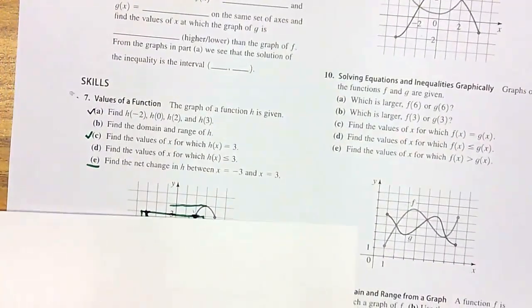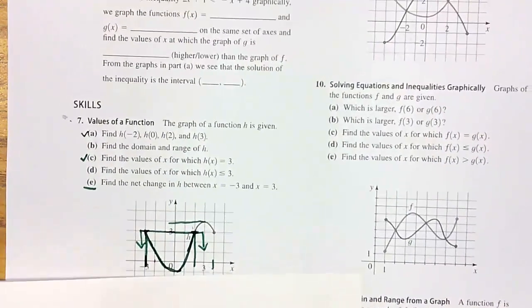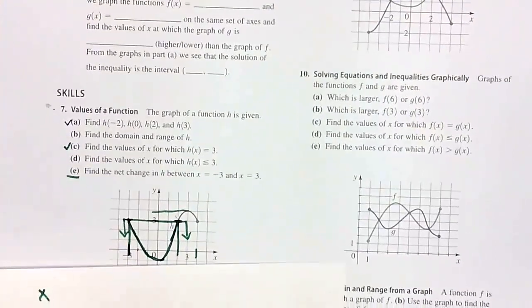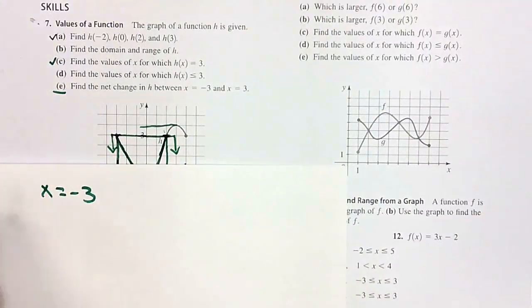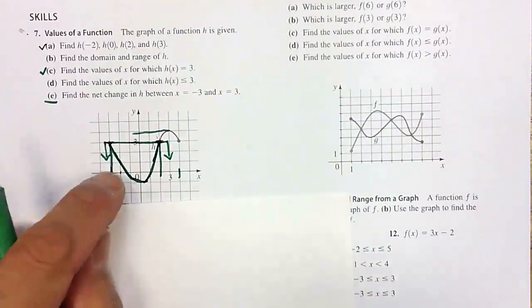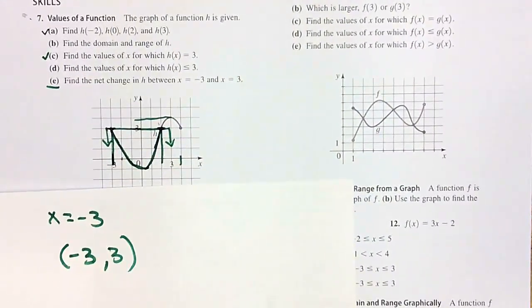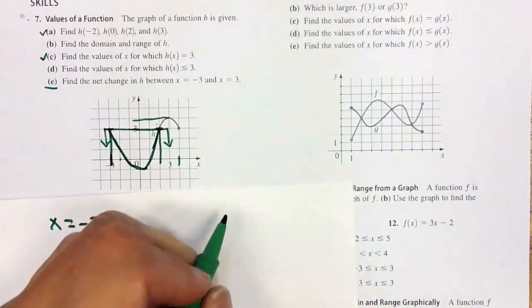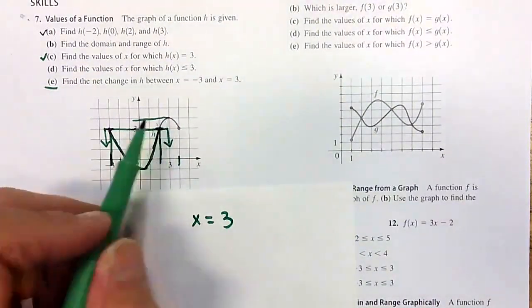So here, going back to E, find the net change between x equals -3 and 3. If x equals -3, that point would be -3, comma 3, right? And at x equals 3, my y value is 4.